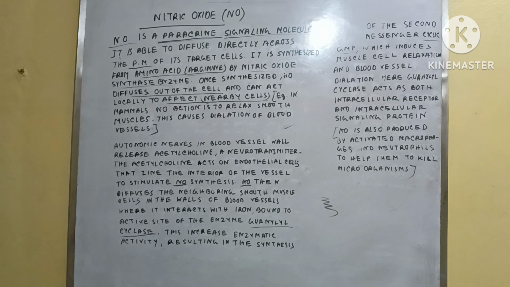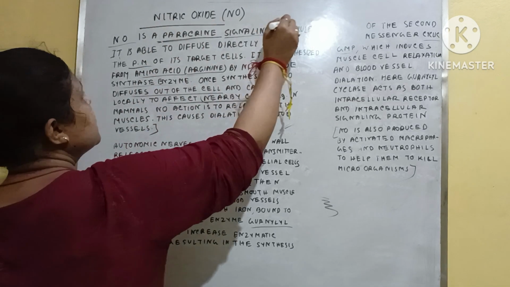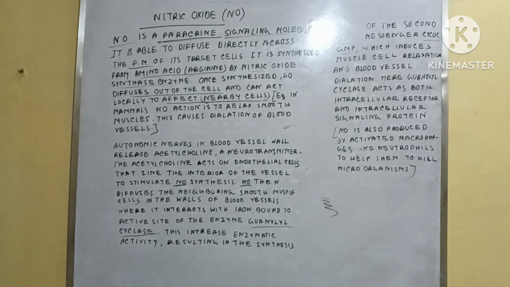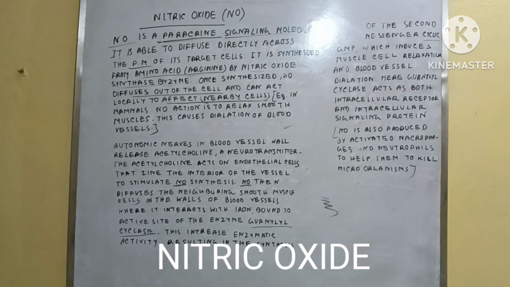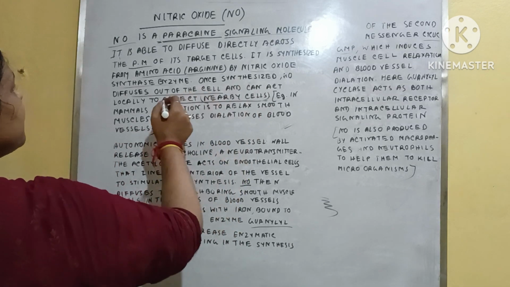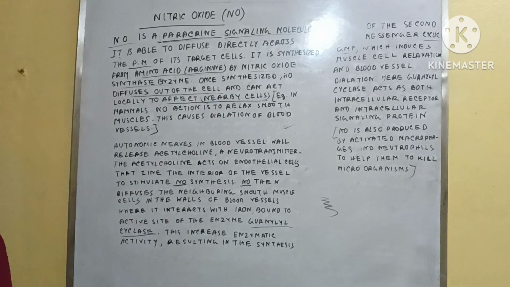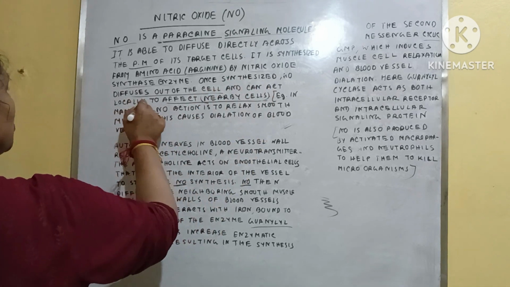These are the target cells of these paracrine signaling molecules. It cannot affect the cells that are situated far away from the area of the secretion of the molecule. After synthesis, it diffuses out of the cell and can act locally.